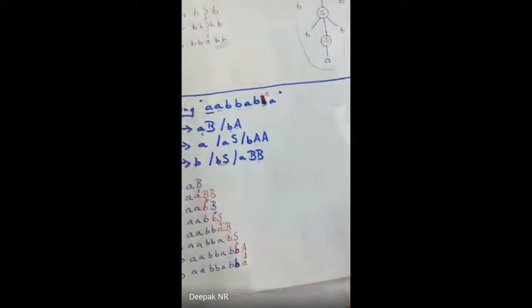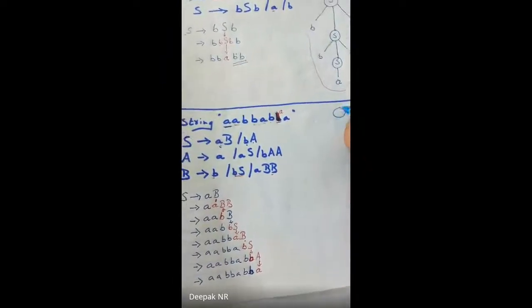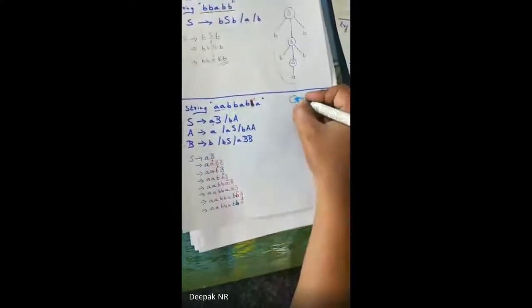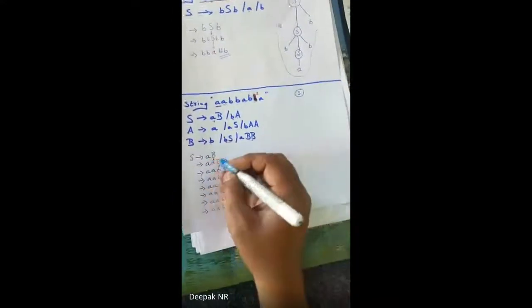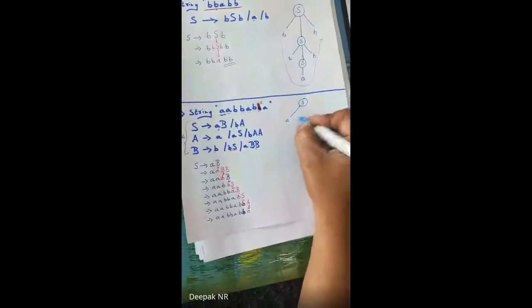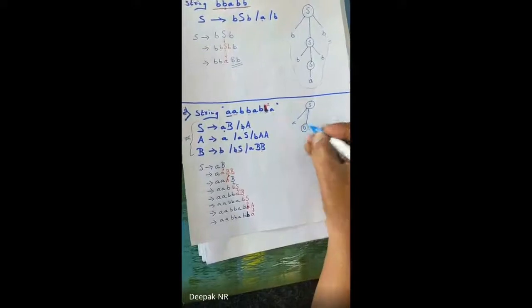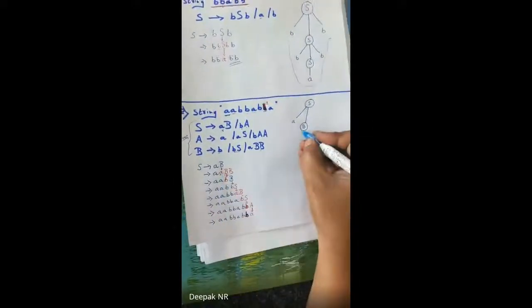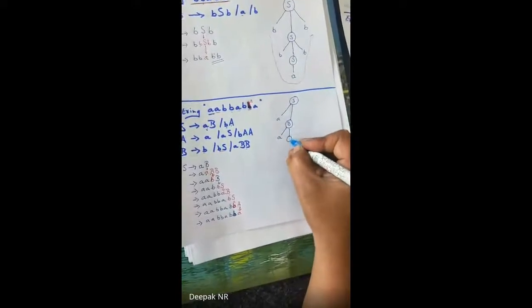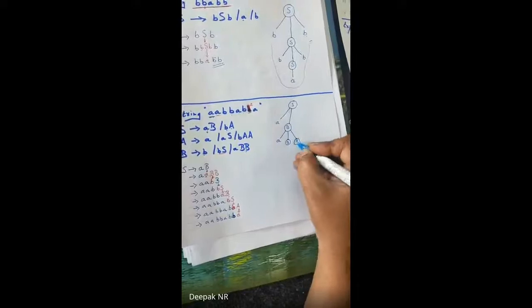For this I'd write a derivation tree. Always, as you guys know, I'll be starting with my root node, and for me the root node is S. I'll take S. S tends to AB, so I'll take A, then I'll go with B, and B tends to ABB.